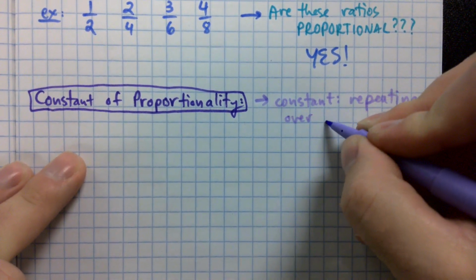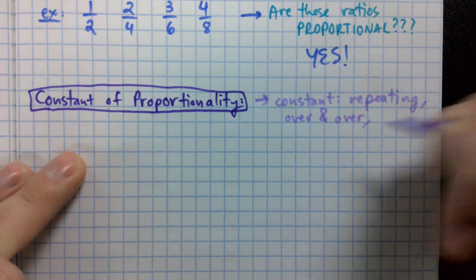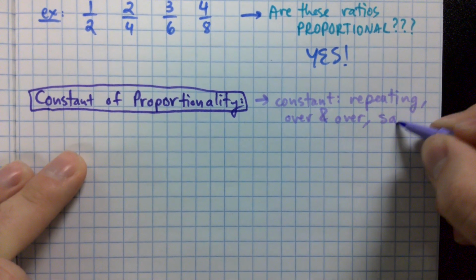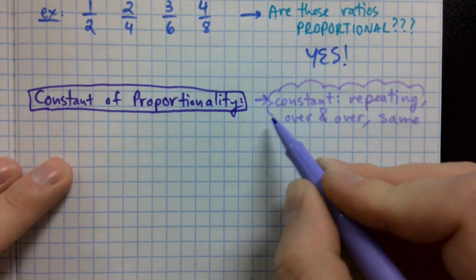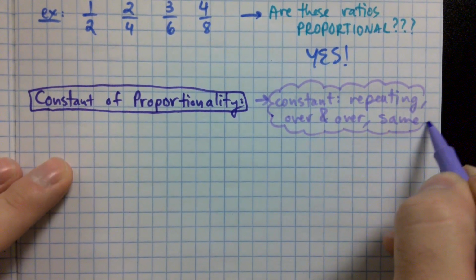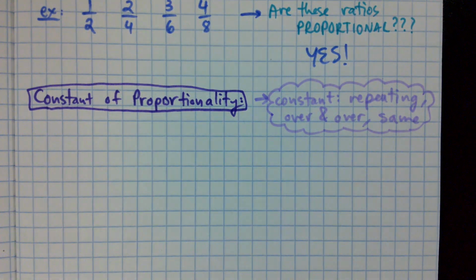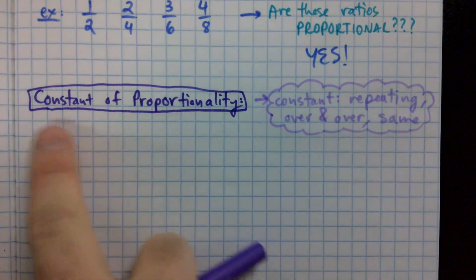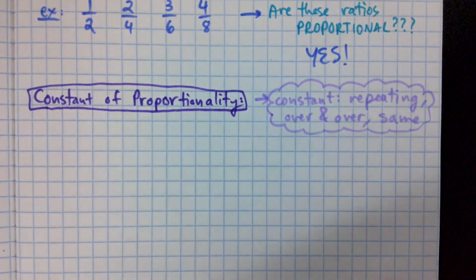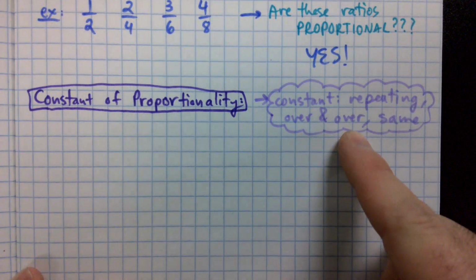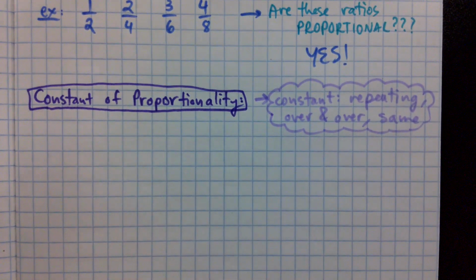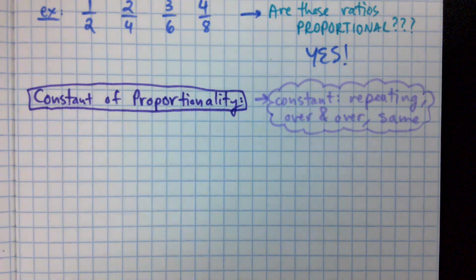Over and over. Or the same. So keep that in mind when we're finding this constant of proportionality. We're looking for a repeating pattern that we see over and over that is the same every time we compare two numbers.